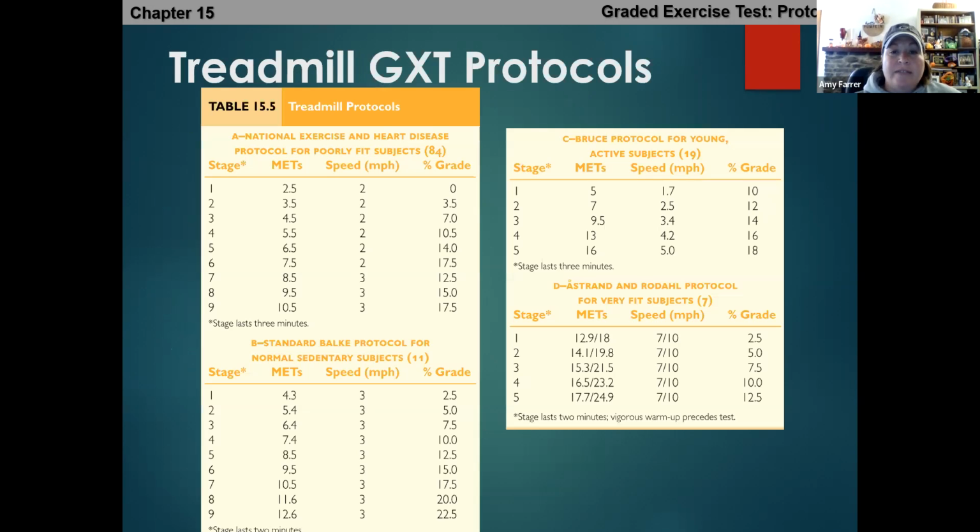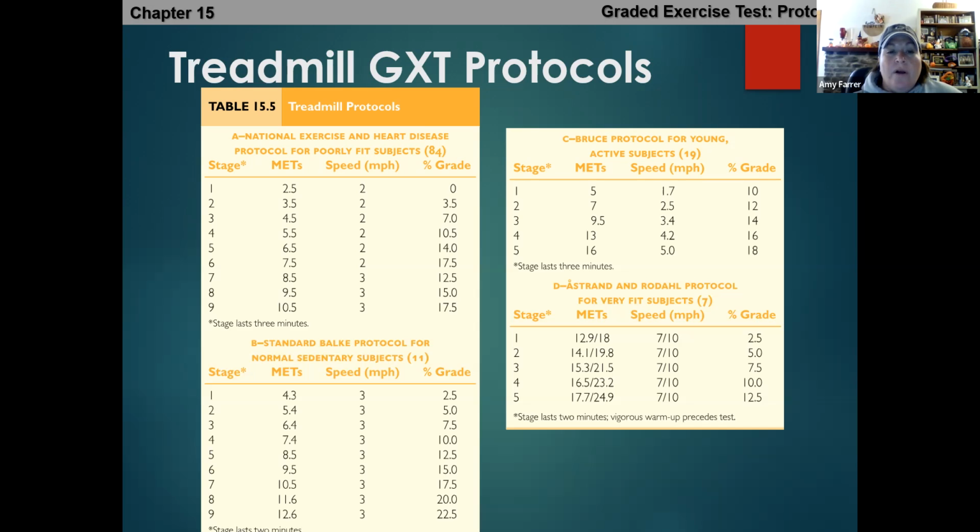They used to have some cycles downstairs that we could look at, but if you look at this for very fit subjects, you need to be able to hit an incline of 12.5 on the treadmill, conceivably. So just keep in mind, there are lots of different tests for the treadmill to see what it is we're really looking for and what we need to do, okay?